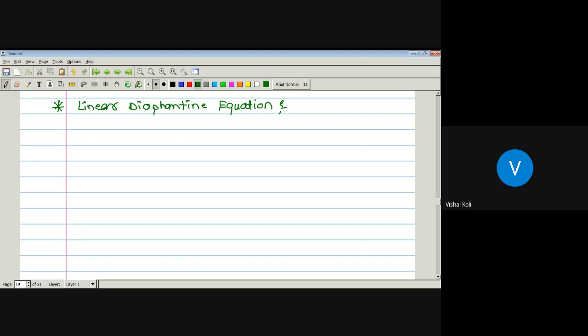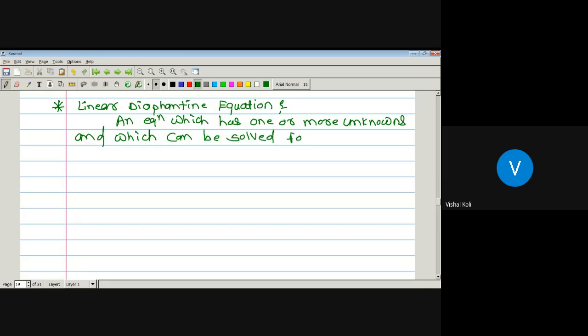An equation which has one or more unknowns and which can be solved for integers, meaning its solution will be integers, is called a Diophantine equation.